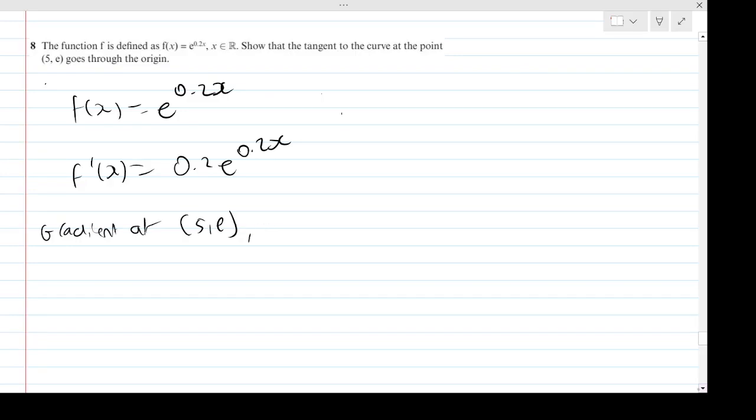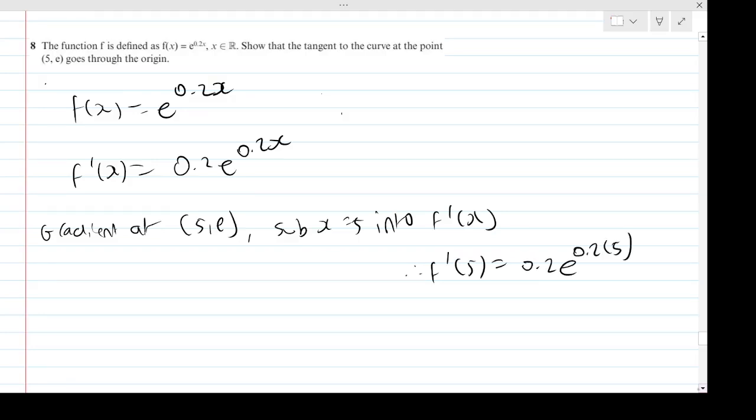So I'm going to substitute x is 5 into my derivative f dash of x. So if I plug 5 in, that'd be 0.2 e to the 0.2 lots of 5. But 0.2 times 5 is e to the 1. But that's just e. Okay, so it's 0.2 e.